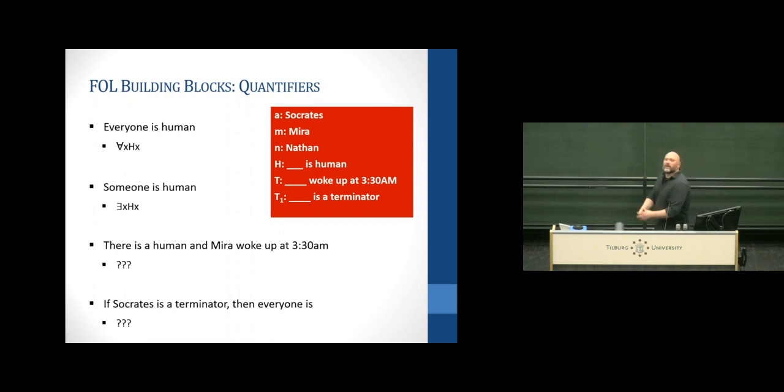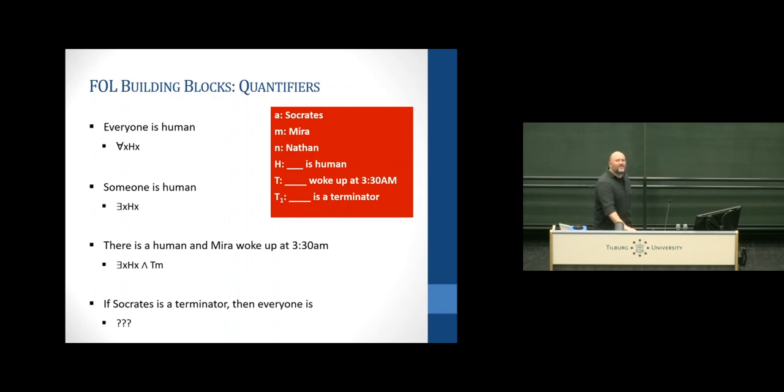So, it's a conjunction, so we split it, and we can say, first conjunct, existential x, there is a human, Hx. So existential x, Hx is our first conjunct, and our second one, Mira woke up at 3:30. Tm. Beautiful.